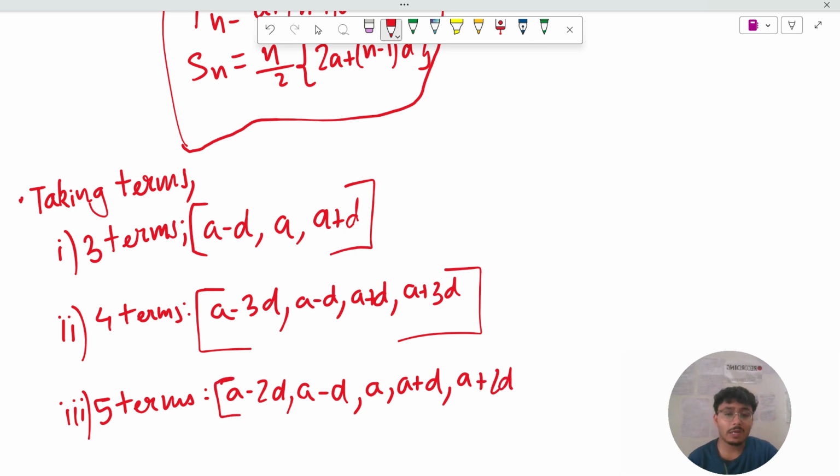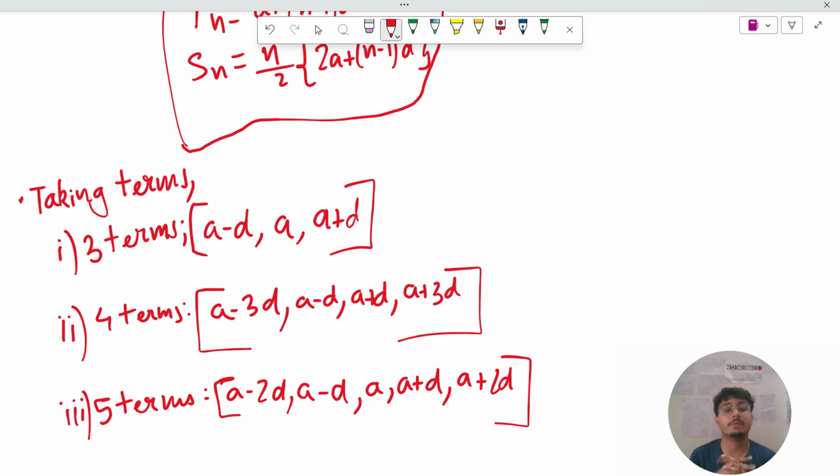Now, one common logic for taking terms like this is that whenever we are given a question like this, we are given the sum of the terms of the series, which is fixed information. If I take the sum of a minus d, a, a plus d, I can see d gets cancelled and we are left with only a single variable whose value is very easy to calculate.